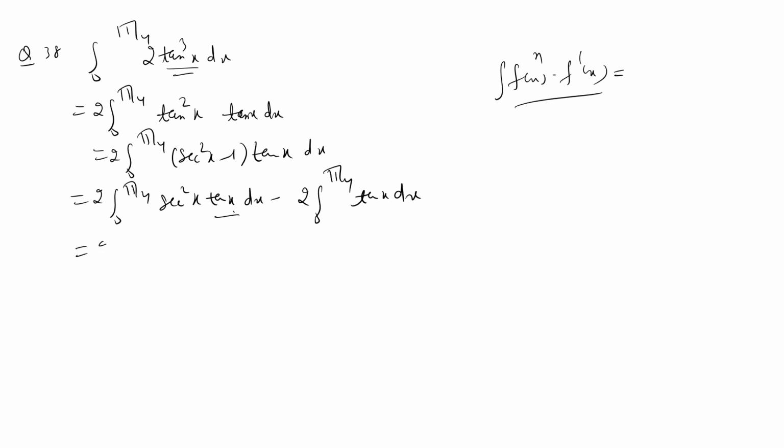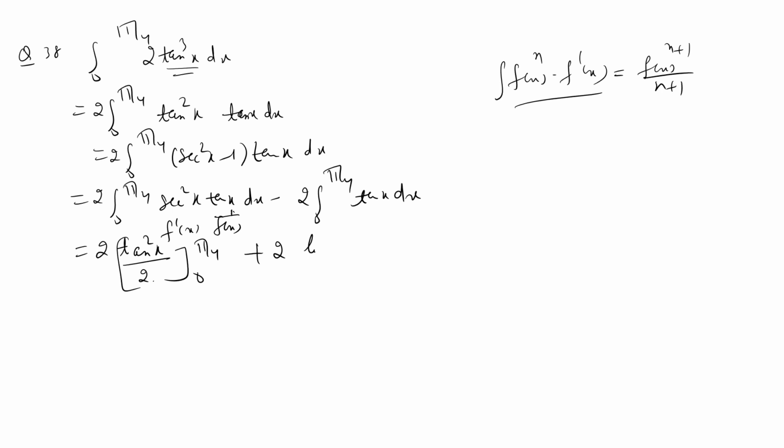So the integration will be tan square. We very well know that the function is always raised to a power. So the function is f(x), the power of f(x) is 1, and it is f dash x. So it is tan square x upon 2. Okay, right? And I have to take the limit from 0 to pi by 4.